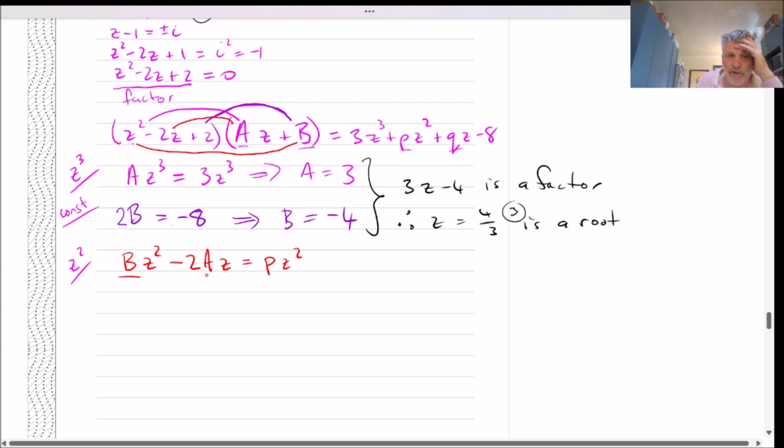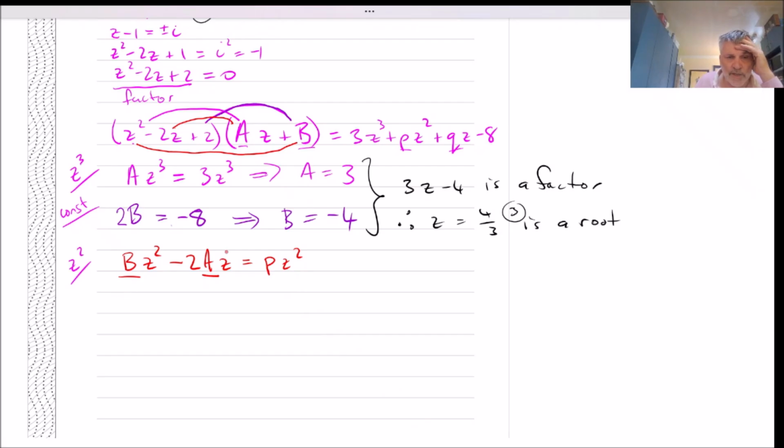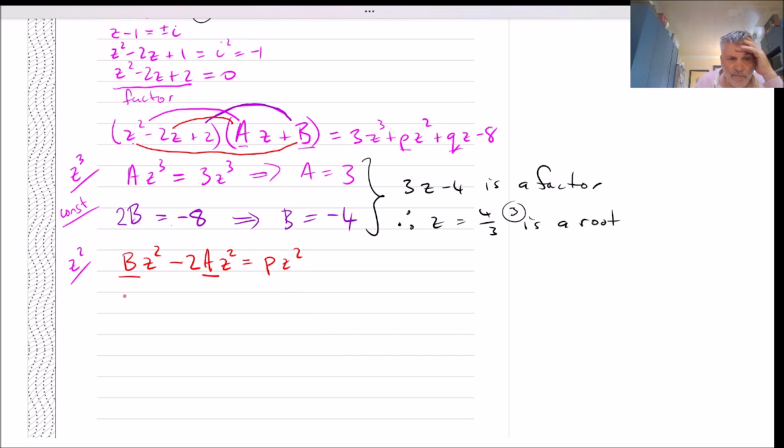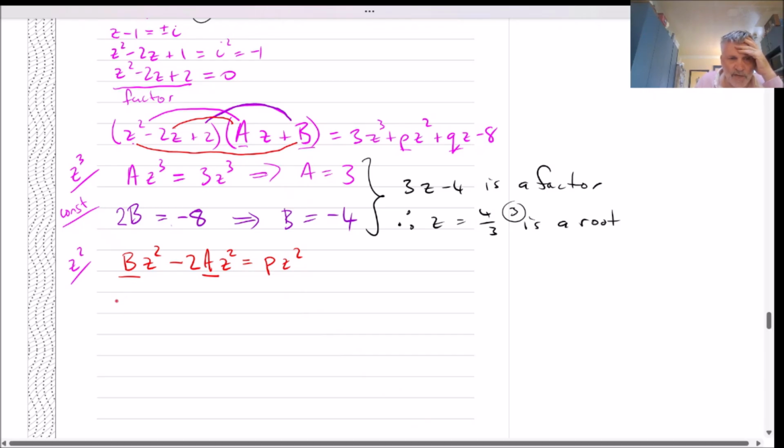And since we know a and b, 3 and negative 4, we can work this out. So b is negative 4. Negative 4 minus 2 times 3 has to equal p. So that means p is negative 10.